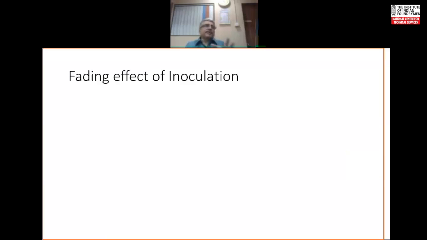Now, another important thing that we have to recognize is the fading effect of inoculation. Because these nuclei particles inside the melt, do they remain all the time? No. Their effect is transient.